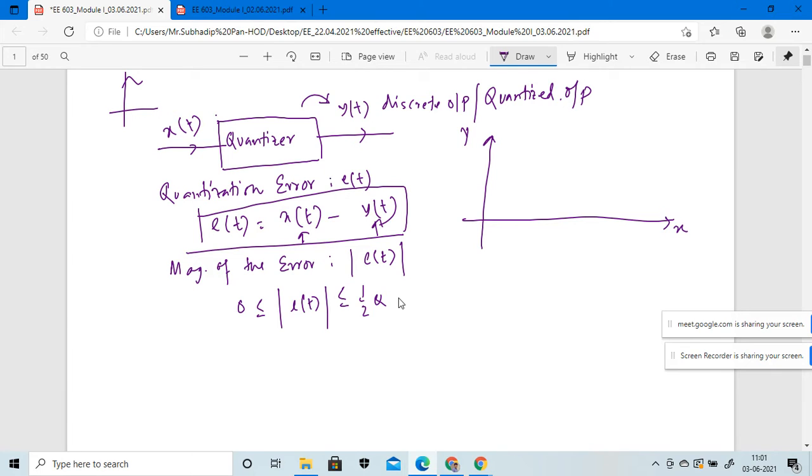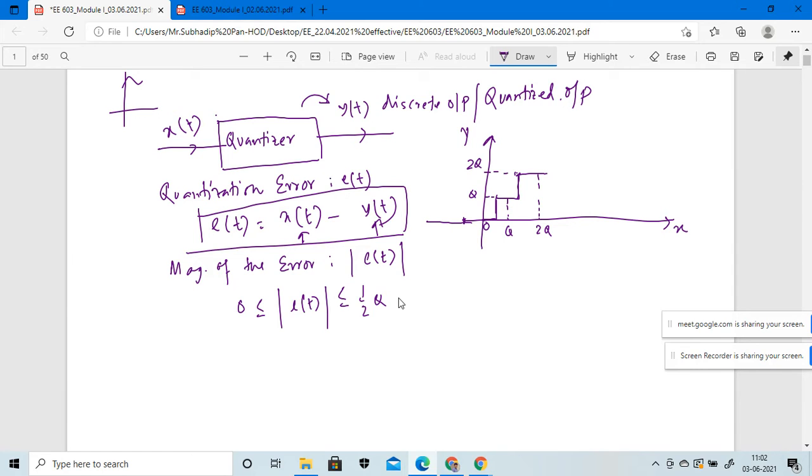The signals will be distributed accordingly. This is your q, this is your 2q, and that portion will be 0.